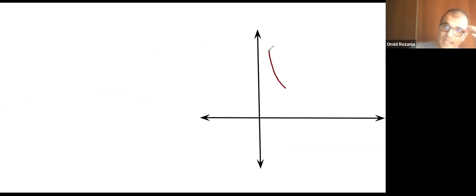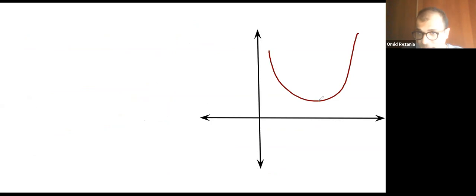We said that if I have a quadratic function, this quadratic function has a critical point. I call that here xc, and this one is going to be f of xc.